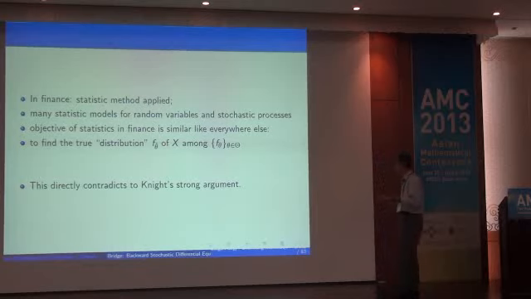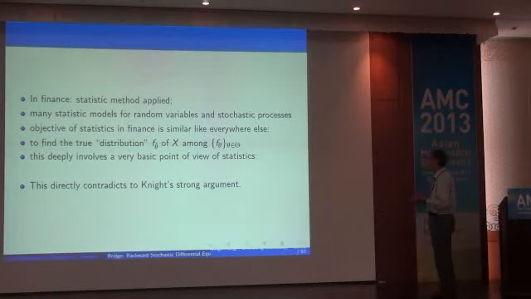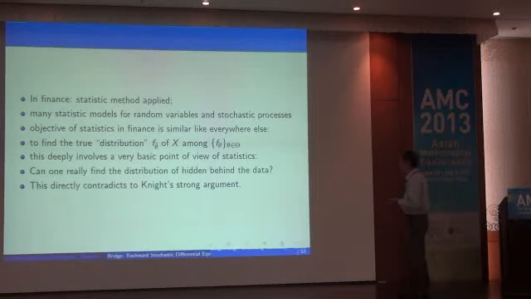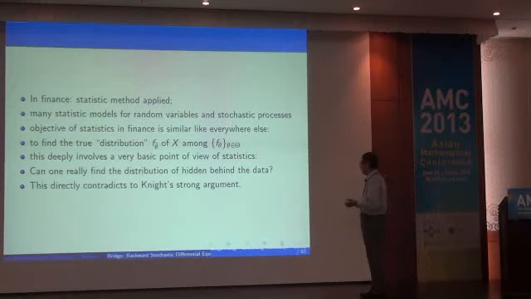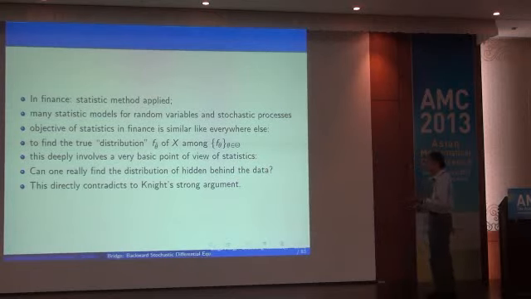So this is also a big challenge to statisticians. All this deeply involves the point of view: can we really find the distribution from the given data, even big data? Can we really find it?